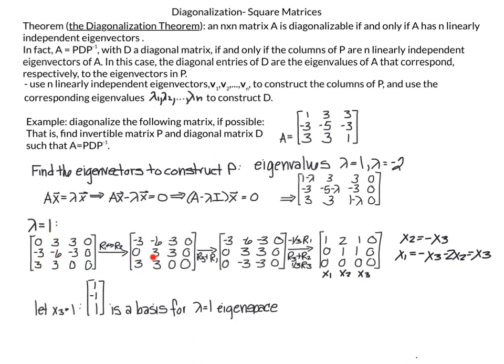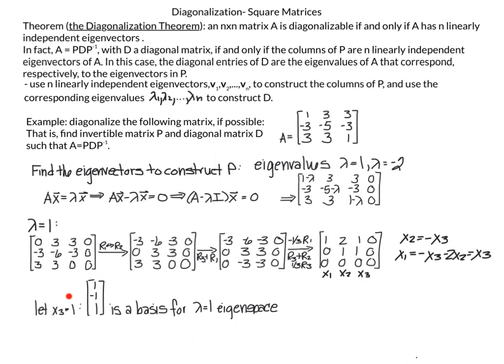I'm going to row reduce my augmented matrix now until I finally get this matrix here, which tells me that x2 must equal minus x3, and x1 is equal to, well, minus x3 minus 2x2, which is just equal to x3. So in other words, if I let x3 equal 1, then x1 is equal to x3, which is 1, and x2 would be minus 1.